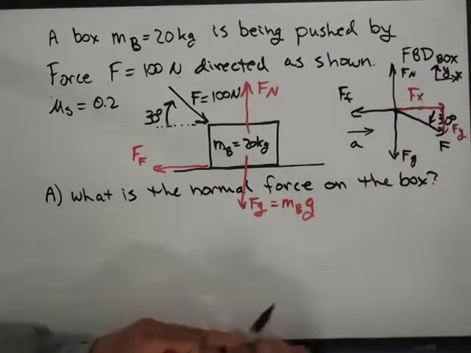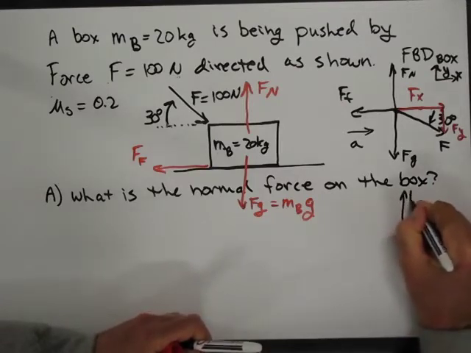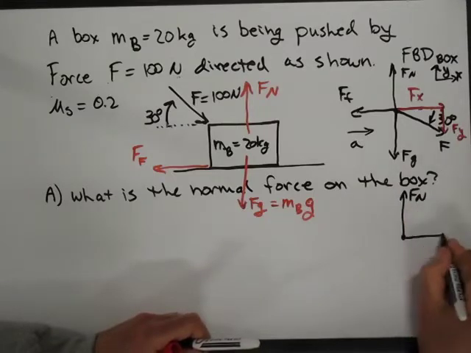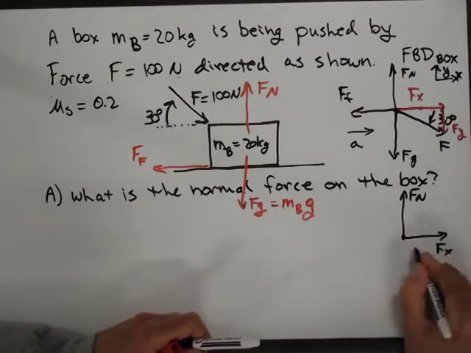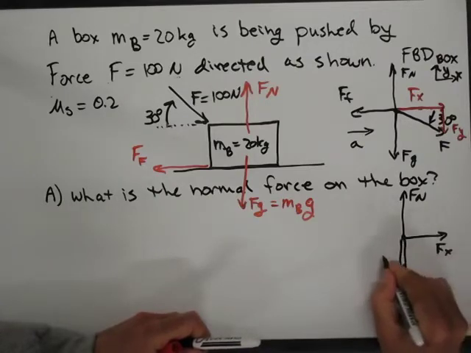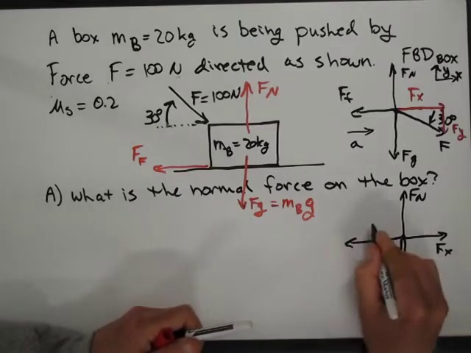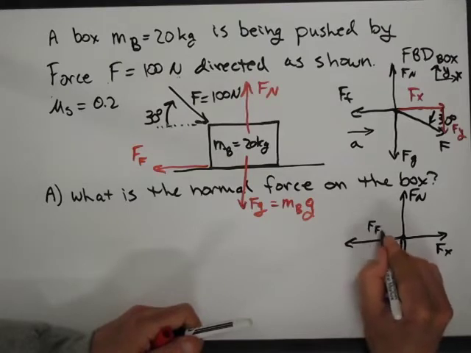And then down here below, I'm going to redraw my coordinate system. And so I have my normal force going up. I have Fx going this way. I have Fg going this way. Notice I also have Fy going this way and Ff going this way.